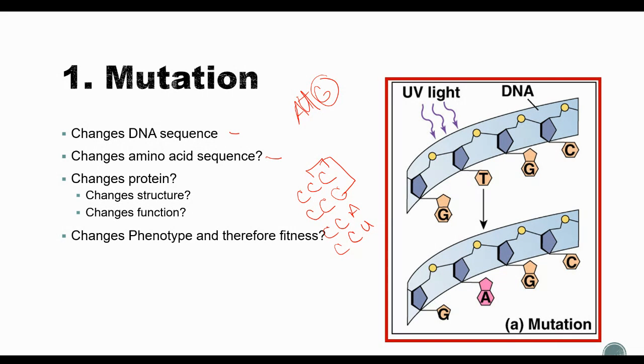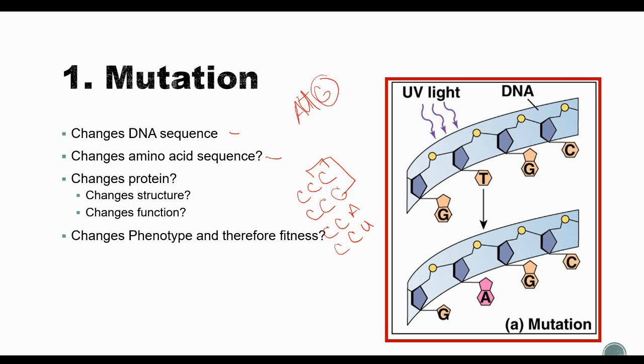If we get an amino acid change, that might change the protein. It could change it dramatically. Remember, sometimes if we change to a stop codon, that can change the protein by making you have only half a protein. If we change it from one amino acid to another, that might change the structure. It depends on what amino acid is changing. So if we're going from an acidic amino acid to a basic amino acid, that will definitely change our structure.